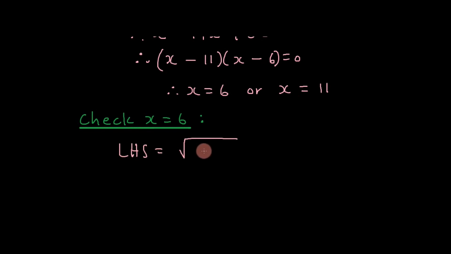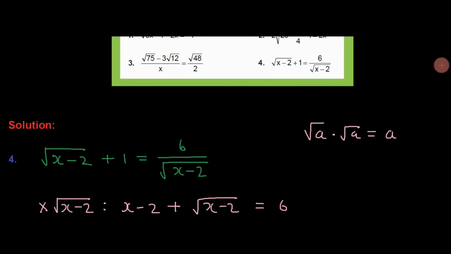So the square root of x minus 2 plus 1. This is 6 minus 2, which is 4. Square rooted will give us 2. Plus 1 is 3. Then the right-hand side, recall that the right-hand side was 6 over the square root of x minus 2.